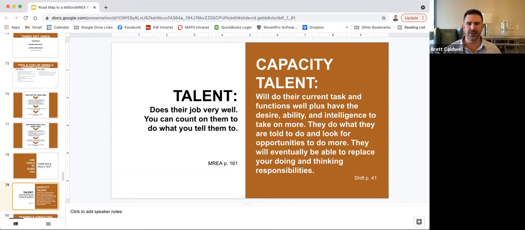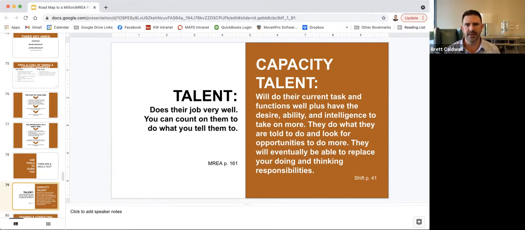Capacity talent will do their current task and functions well, plus have the desired ability and intelligence to take on more. They do what they are told to do and look for opportunities to do more. They will eventually be able to replace your doing and thinking responsibilities. They have capacity to do more than what you hired them to do.